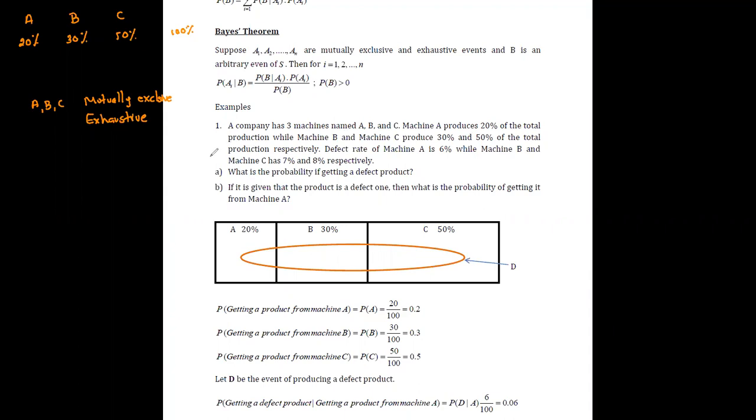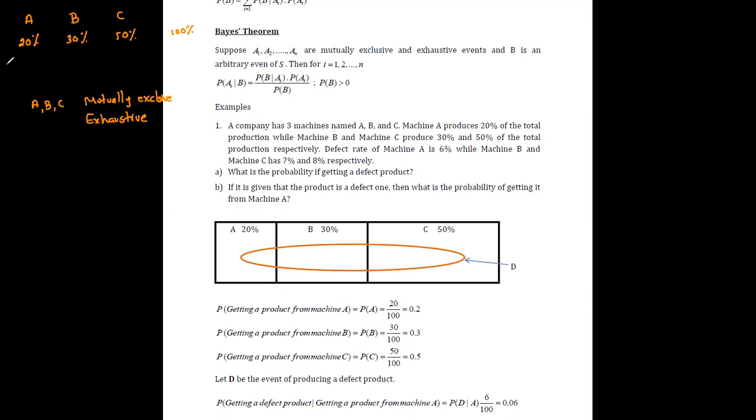Now we have identified the first part, and then it says that there is a defect in the production, and there is an associated rate for each machine for getting a defect product. If it is a machine, generally we may not be able to get exactly 100% correct items, so there may be some defect items as well. According to past experience, the defect rate for machine A is 6%.